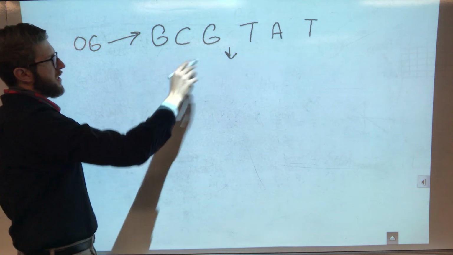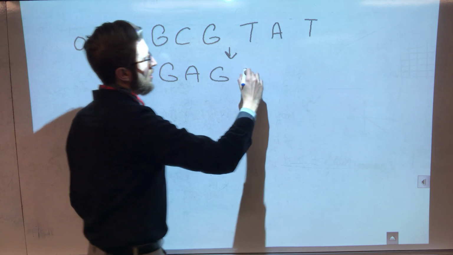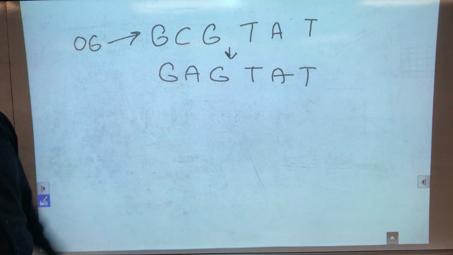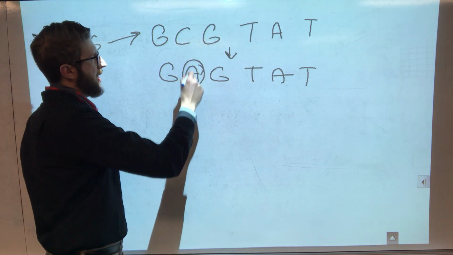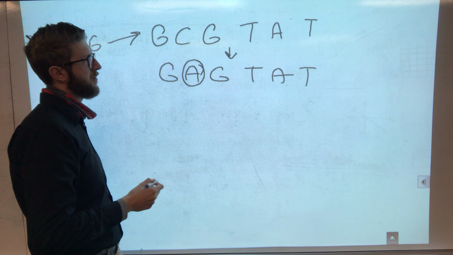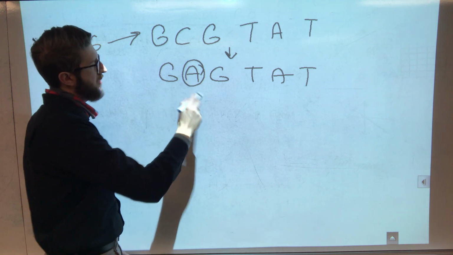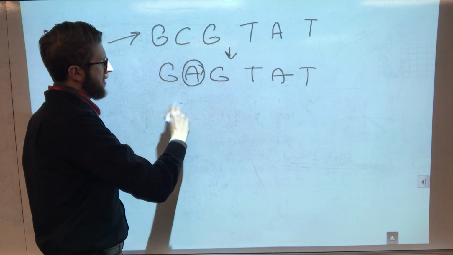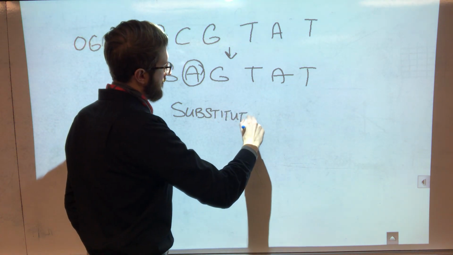I want it to be an exact copy, but let's say that instead of making an exact copy, I have a typo. So, oops, I put an A when I should have put a C, okay? Well, that A shouldn't be there, but this is what we call a substitution mutation.